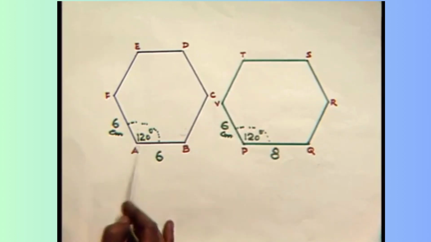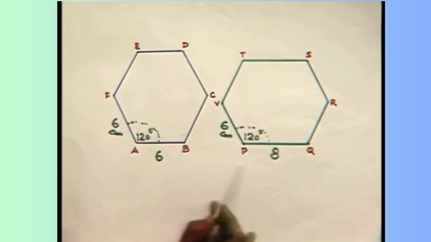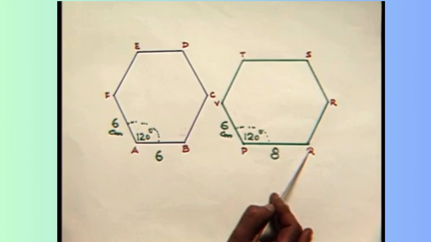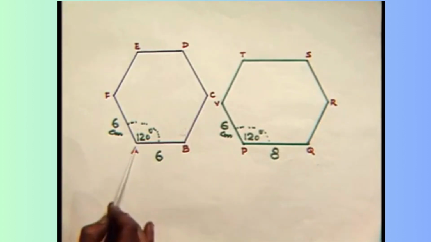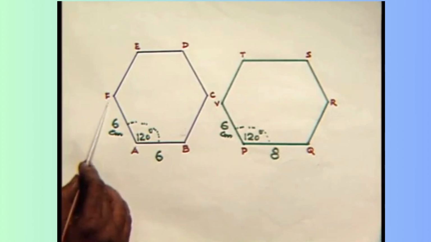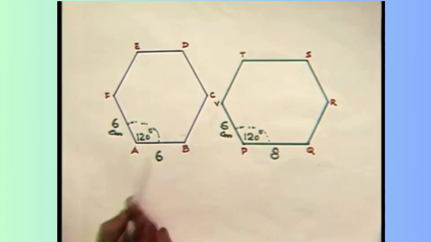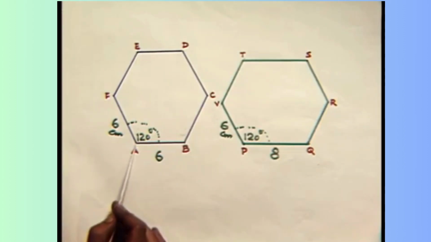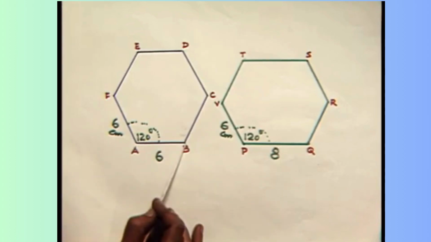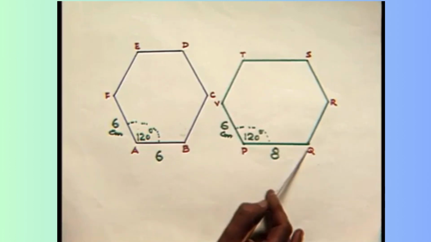But the side AB of this is 6 centimeters and side PQ of this is 6 centimeters, and the side AF is 6 centimeters and PV is 6 centimeters. Have a look at the sides again. The side AB of this hexagon is 6 centimeters and the side PQ of this hexagon is 8 centimeters.